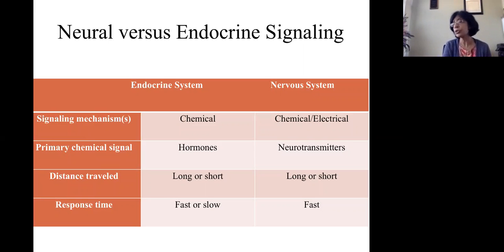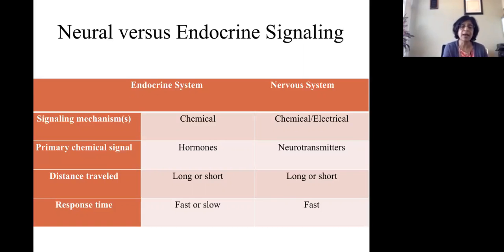And action potentials travel short or long distances. You could think about an action potential generated at the very tip of the foot, which has to travel all the way along the neuron until it reaches the spinal cord. Those are examples of long or short distances the signals travel. For response time in the endocrine system, hormones may take seconds to minutes to hours to days.